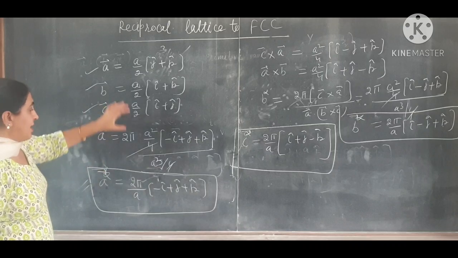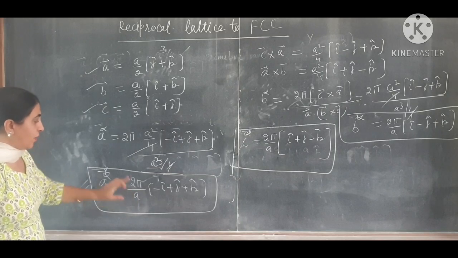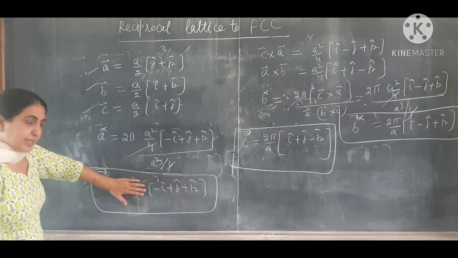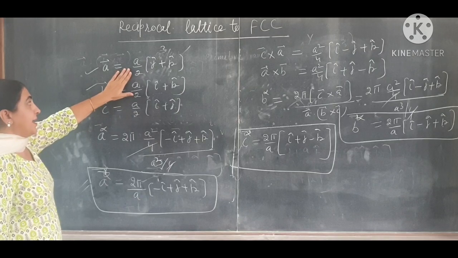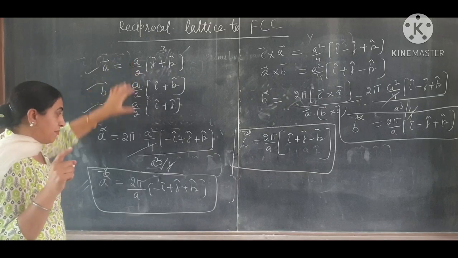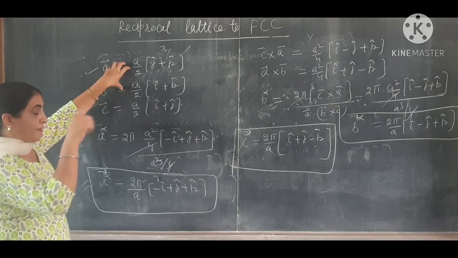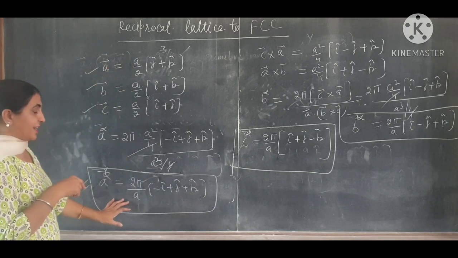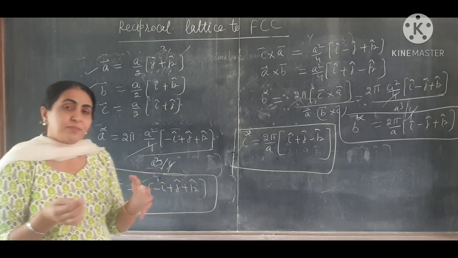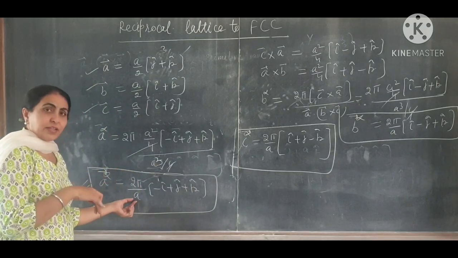The difference is that in BCC we start from these, where it is a by 2, because they are of the direct lattice. And at the end in BCC we have only 2 pi by a. Here in BCC we start from BCC and we get the reciprocal lattice vectors, which are the primitive translation vectors of the direct lattice. Only the difference is that a is in the downward direction.